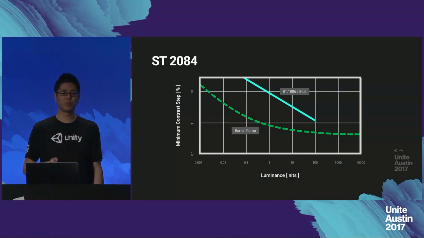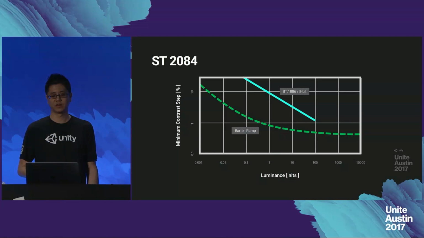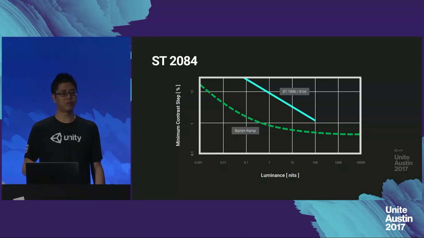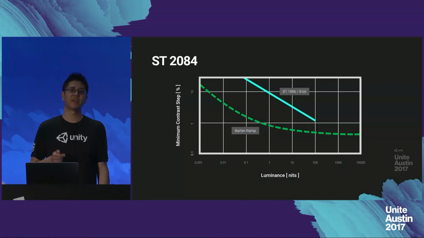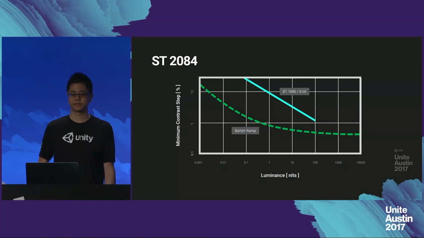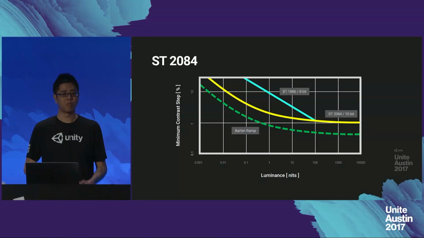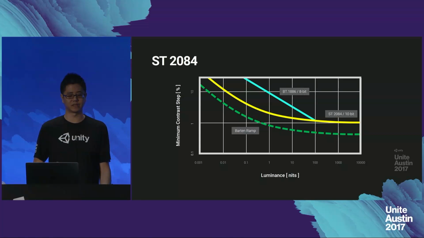For luminance, regular HD TVs today use BT 1886, which, as you can see, is somewhat limited in its range and function and has a fixed contrast step. Modern HDR TVs, on the other hand, use ST2084, which aligns much more closely with the Barton ramp and has a wider range of luminance in terms of nits.